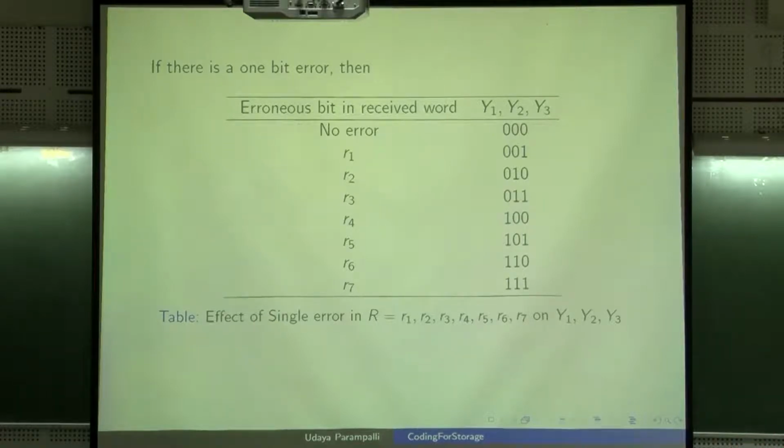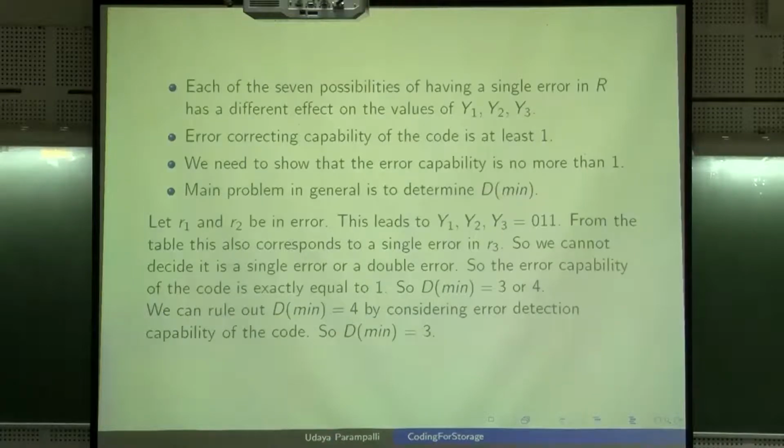This is why Hamming used this version. We will come back, as there are many ways you could define it. So this is the effect of a single error. Each of these 7 possibilities of having a single error has a different effect on this.